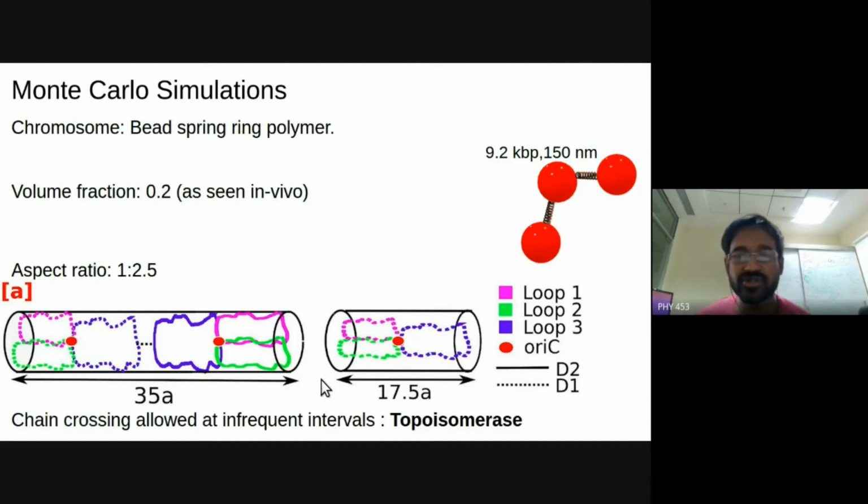The cylinder grows as replication proceeds and grows to twice its initial length. More importantly, we also allow chain crossing at infrequent intervals by reducing the bead size of the diameters. This is done to mimic the effect of topoisomerase, which is present in the cells, which allows the release of topological constraints.